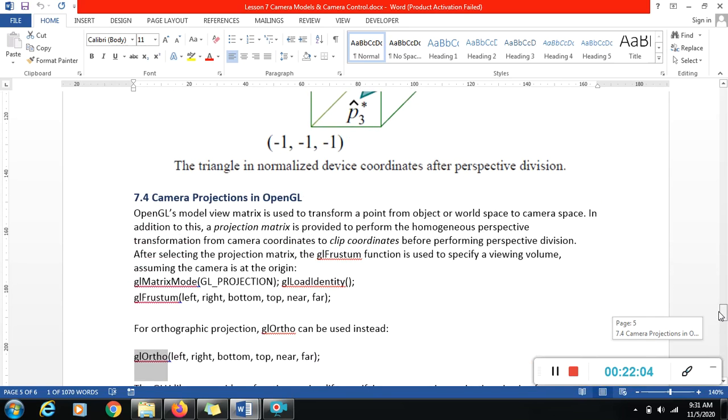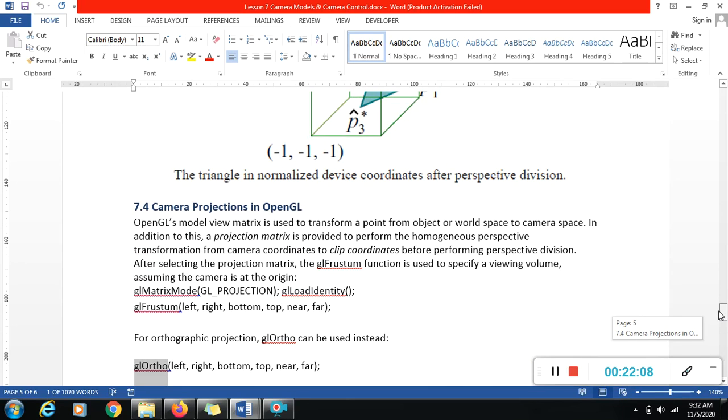We will need to appreciate the fact that at the end of it all, what we want to do is to convert that to 2D, from object space to world space, and eventually to the camera space. When it's at the camera space, it is the real world space, the virtual cinematography space. I hope you appreciate the fact that now the issue of camera models and camera control has everything to do with virtual cameras with regard to computer graphics. Thank you.